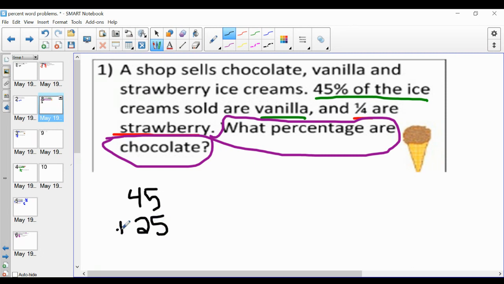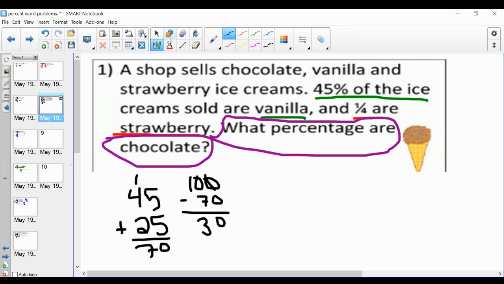You add them together. 5 plus 5 is 10. Carry our 1. 1 plus 4 is 5. Plus 2 more is 7 again. And that's okay. So now we have to take 100 and subtract out what we do have, which is our 70%. 0 minus 0 is 0. 10 minus 7 is 3.